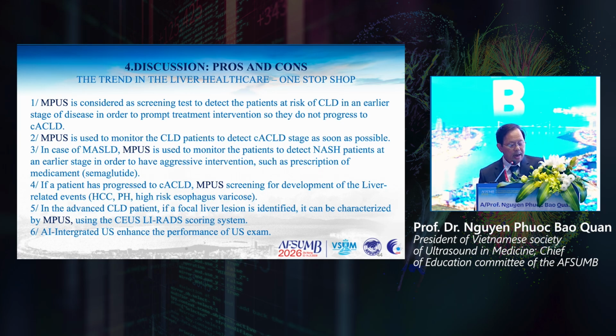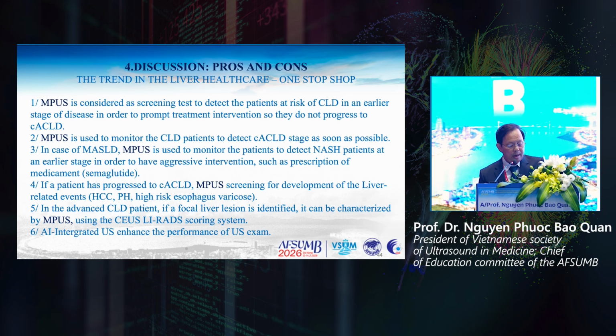early stage. And if the patient progresses to compensated advanced chronic liver disease, multiparametric ultrasound can screen to detect early liver-related events such as HCC, portal hypertension, and high-risk varices.